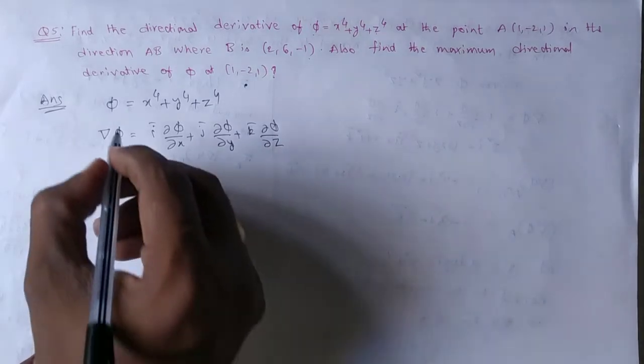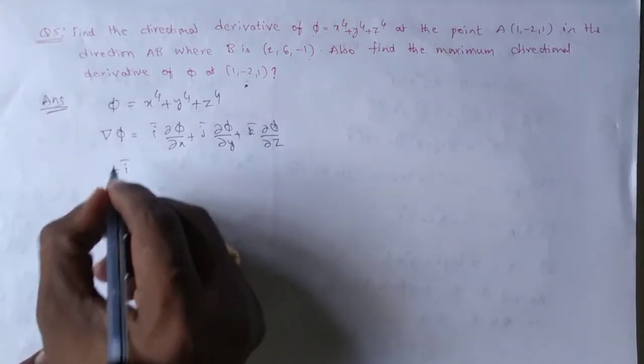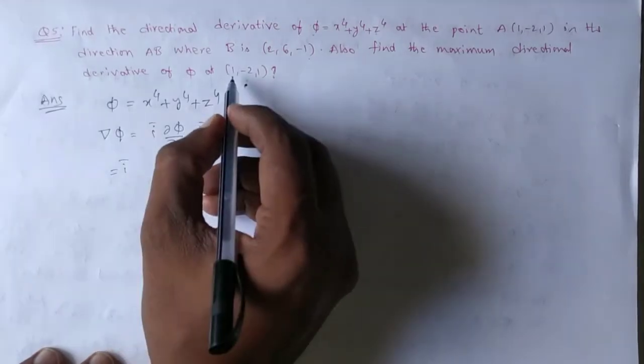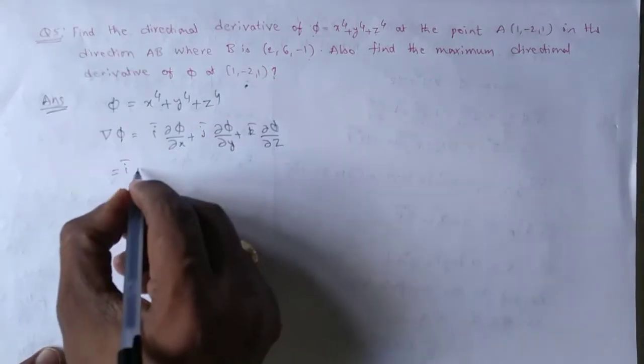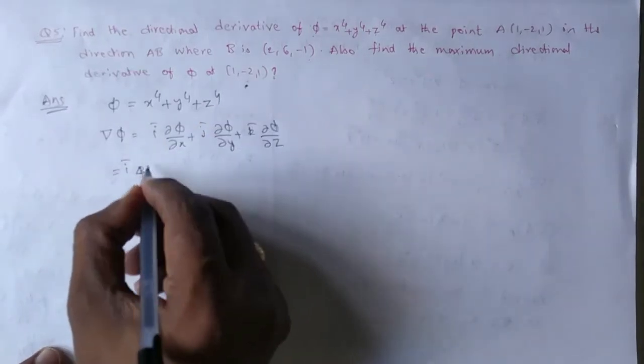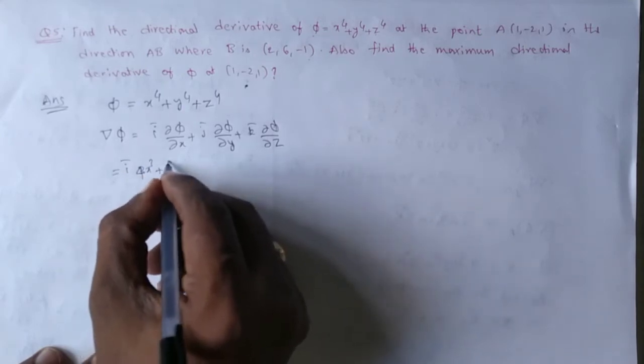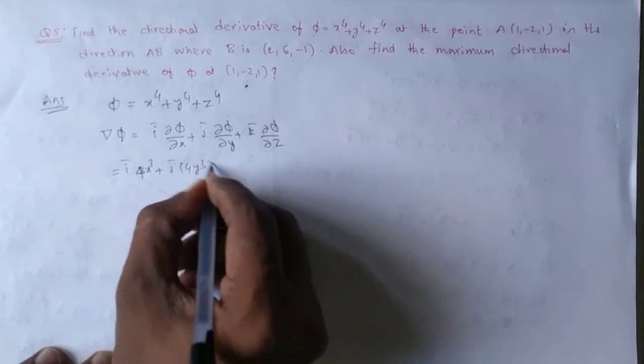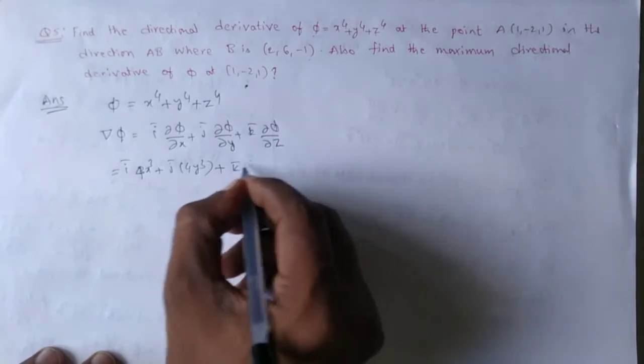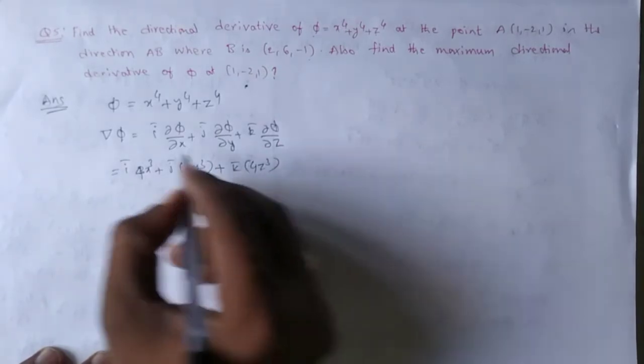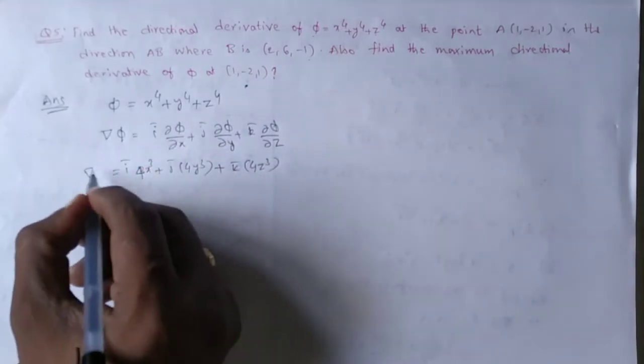Now we just find these values here. From this function, dou phi by dou x is 4x cube, j bar into 4y cube, plus k bar into 4z cube. These are the partial derivatives of this function.